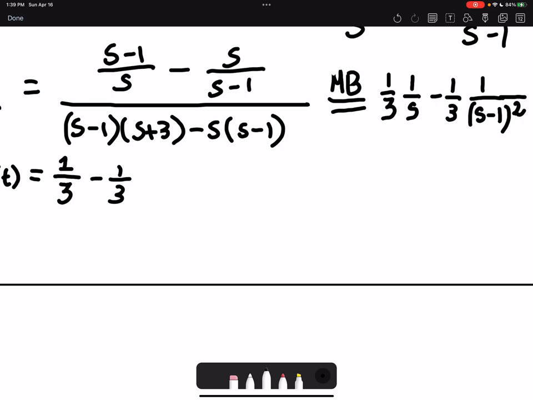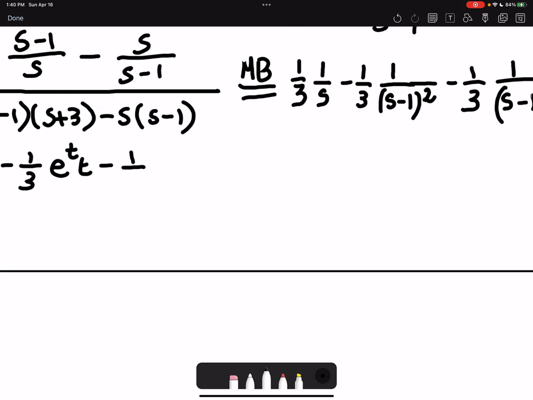Because I don't remember the pattern for that one. Well, we have S minus 1, so it seems to be e to the at times t to the n, where n is 1. So e to the at, where a is 1, this is going to be e to the 1 times t.